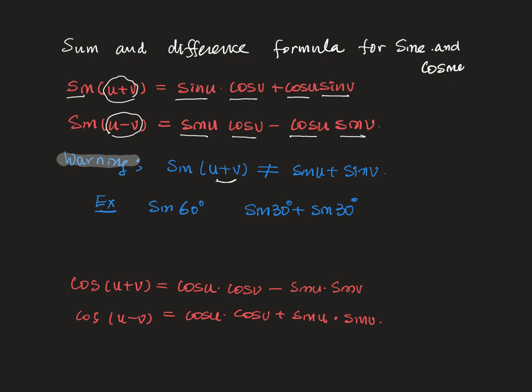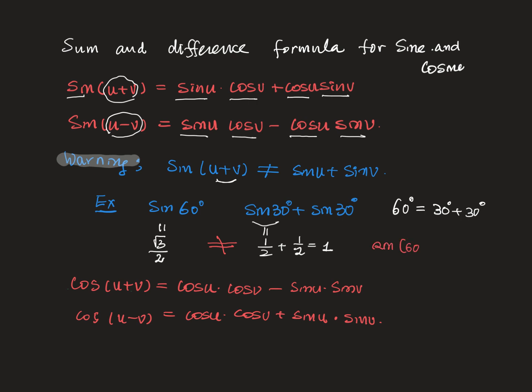For example, sine 60 is going to be, you're going to say, 30 plus 30. So sine 30, you know this one is 1 over 2. Sine 30 plus sine 30 is going to be 1, not the same thing.